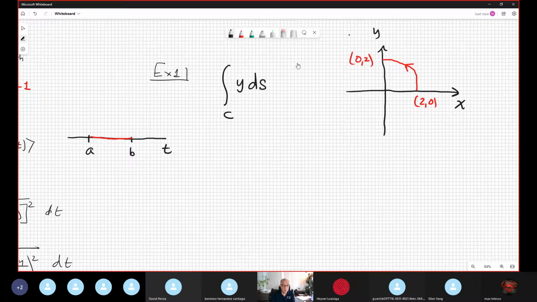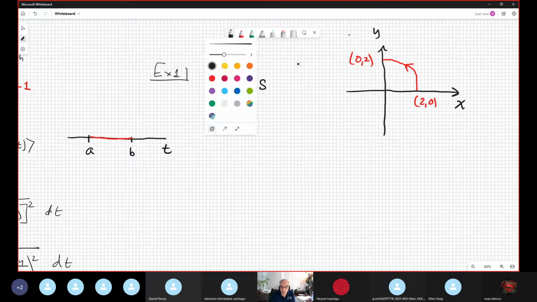Okay, so I want to explain both ways. But in this case, you are familiar. When you are talking about a circle, semicircle, or quarter circle, the classical optimum parameterization is cosine and sine, no?